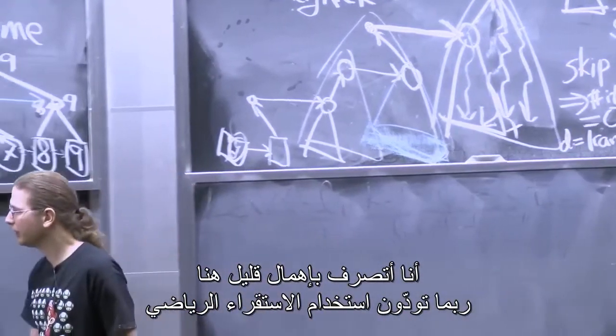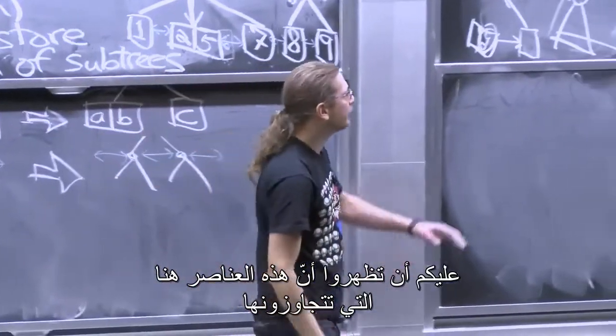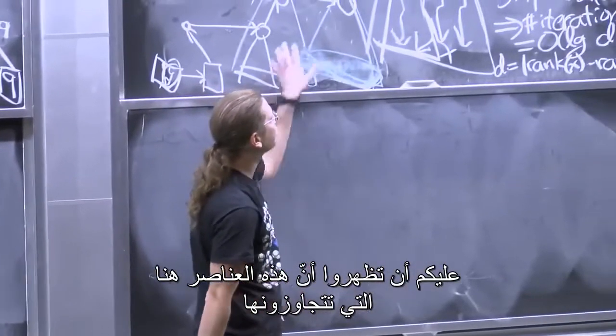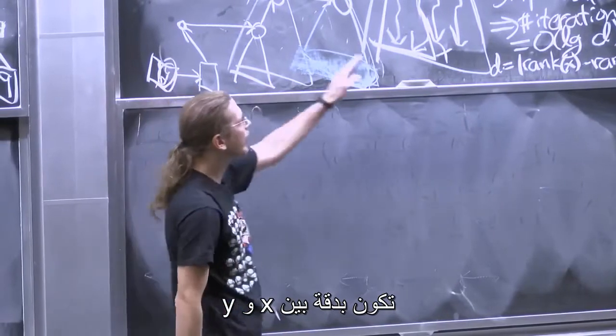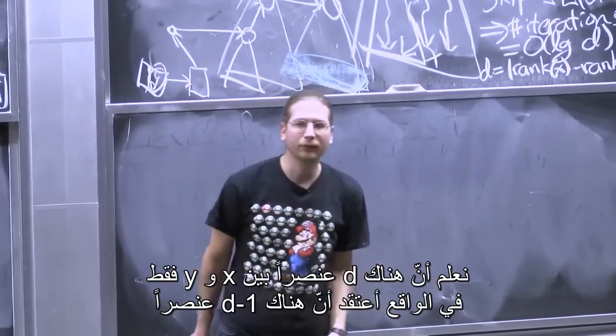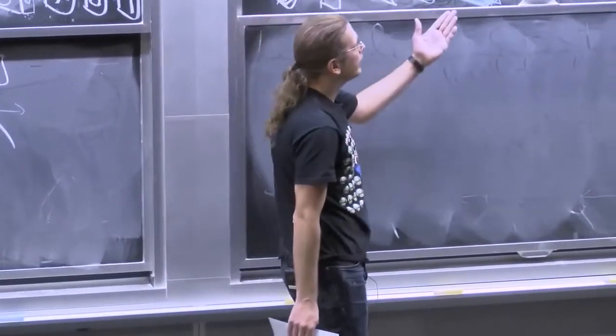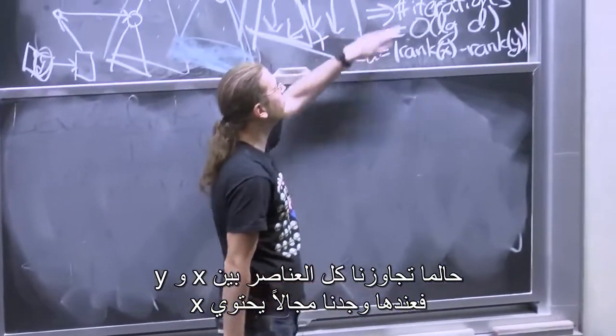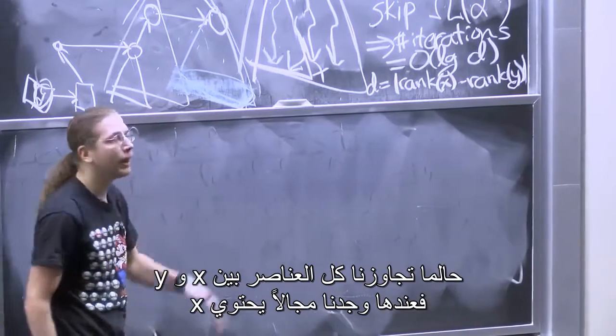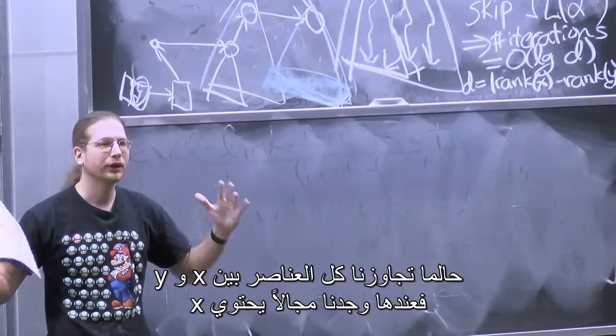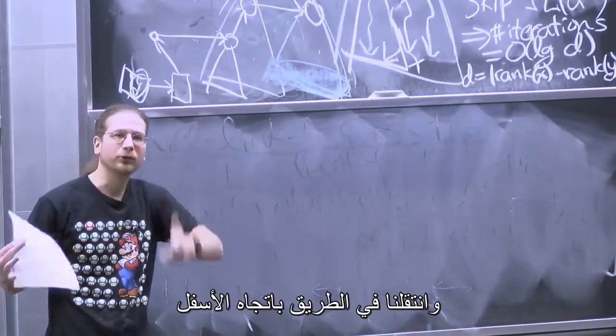You probably want to use an induction. You need to show that there are really these items here that you're skipping over that are strictly between x and y. But we know that there's only d items between x and y, actually d minus 1, I guess. So as soon as we've skipped over all the items between x and y, then we'll find a range that contains x. And then we'll go do the downward search.